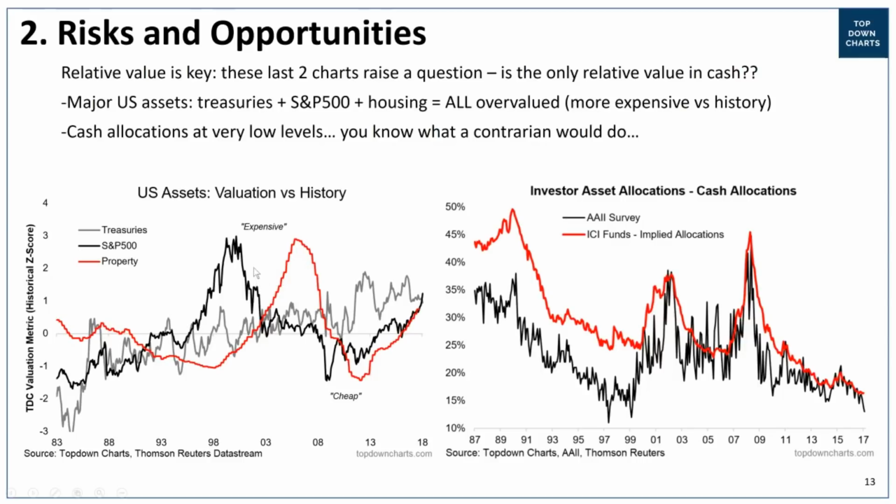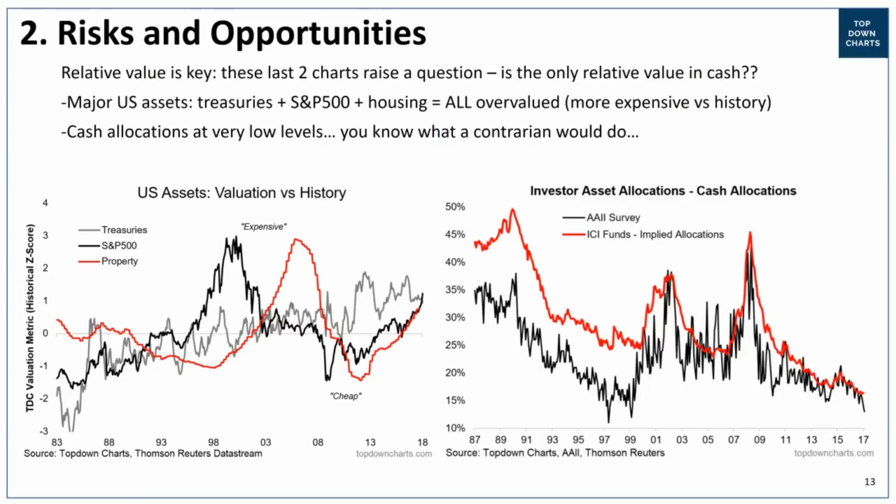Like, you look at the late 90s and the mid 2000s, those are bubbles. But it is rather unique that all 3 are trading in very expensive territory, and it certainly makes the job of an asset allocator a bit more difficult than usual.